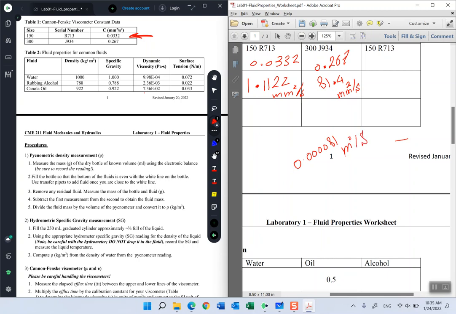Exactly. So if you multiply that by 1 thousand, or exactly 990, to get the dynamic viscosity, it will be 0.08 Pascal second. Right? Which is almost the same as the value in the table. In the table we have dynamic viscosity equals 0.073, and the dynamic viscosity that we measured is 0.08. So we are very close to the correct value.